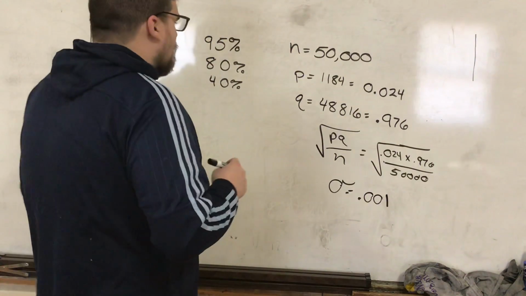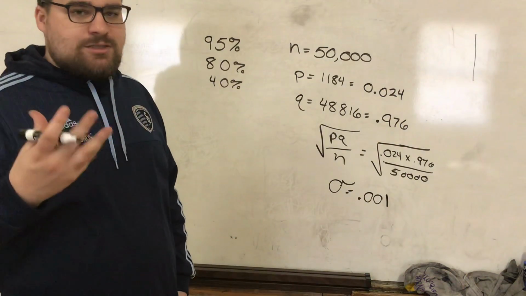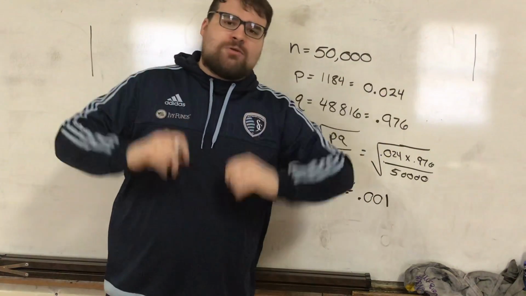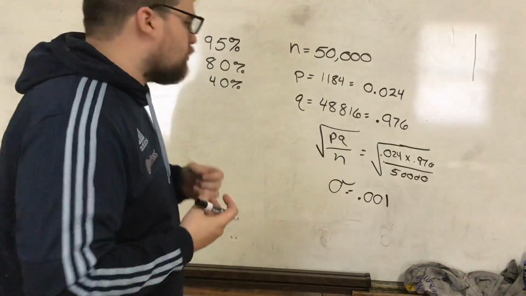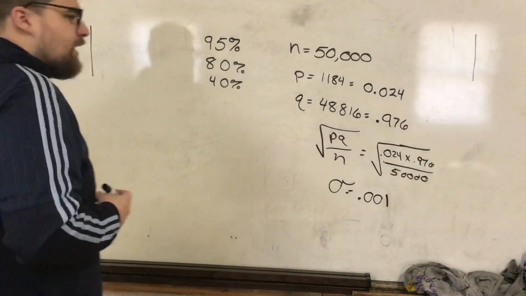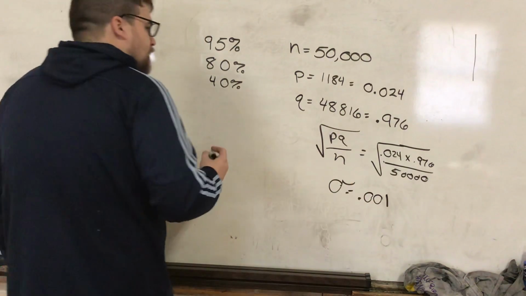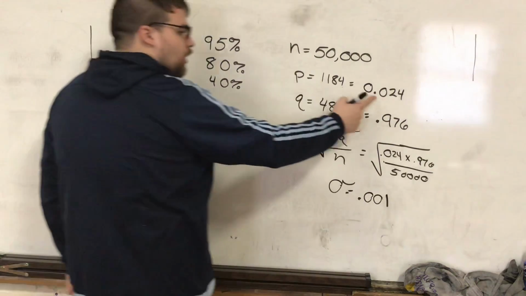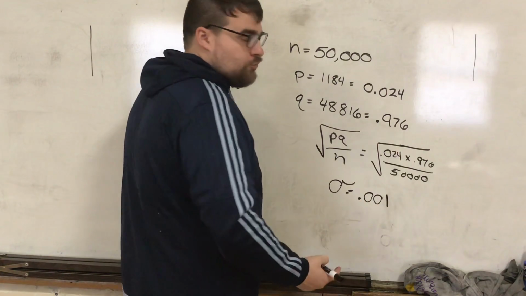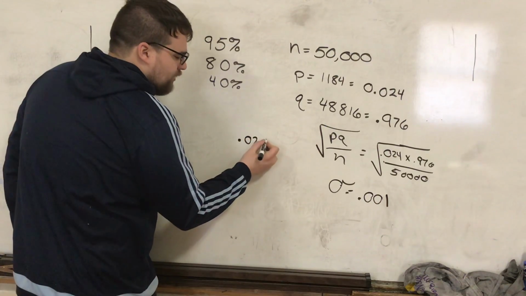All right. So the 95% confidence interval says that we are going to go 2 standard deviations. We know that right off the bat. That's just the way it is. 2 standard deviations above, 2 standard deviations below the current proportion. So that would mean we have 0.024 plus 2 of these, plus 0.002, right? So that would be 0.026.